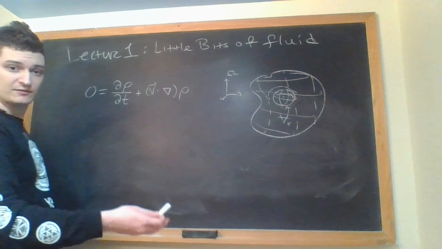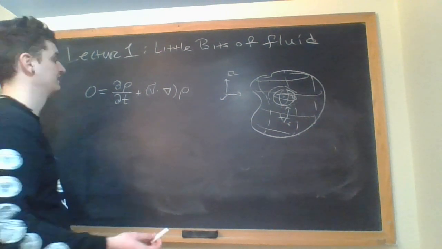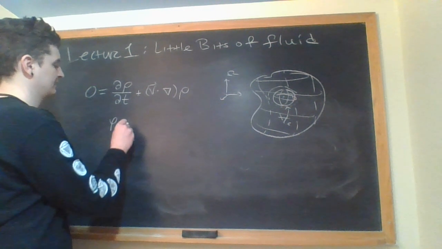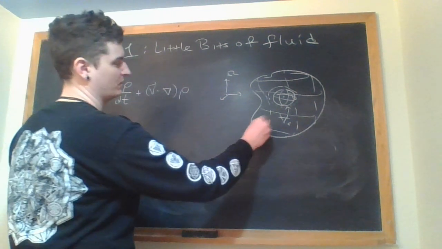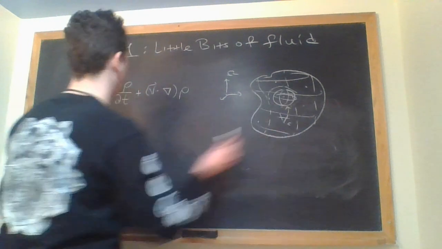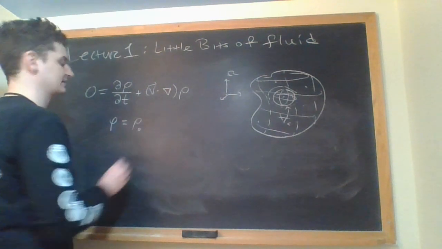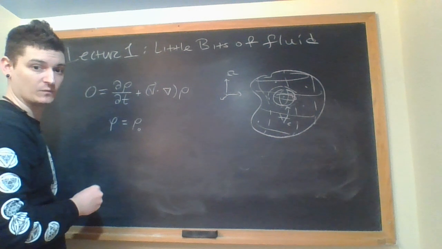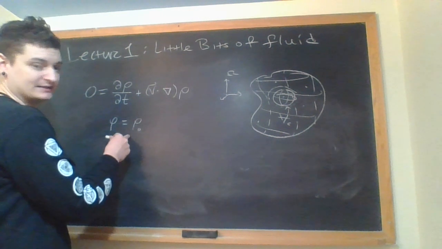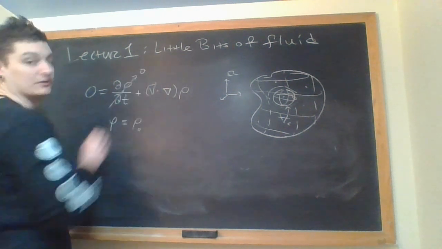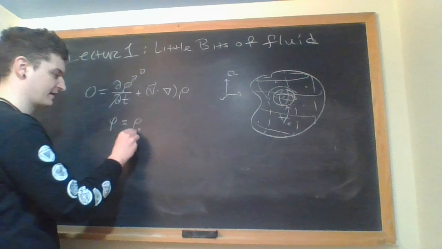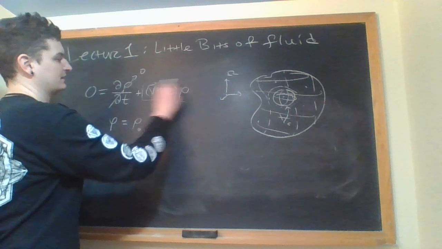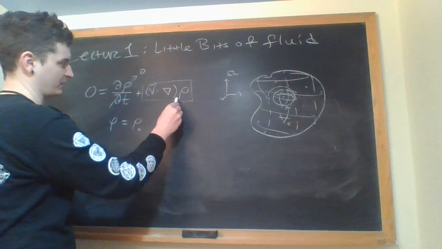Well, this is exactly where the idea of incompressible liquid will come into play, because if I say that the field at every single point in this blob of fluid, I'm going to just call that some constant. Let's call it rho naught, right? Now, if I do this, this term goes away because this is a constant. Derivative of any constant, 0. And then what you're left with is this term right here.